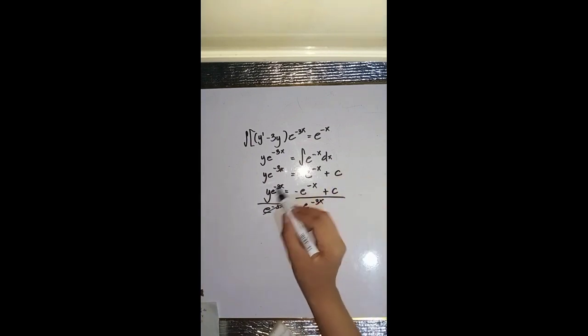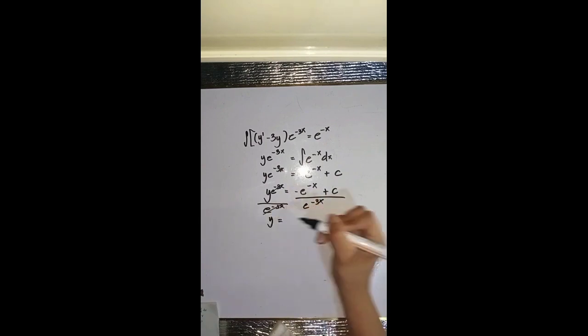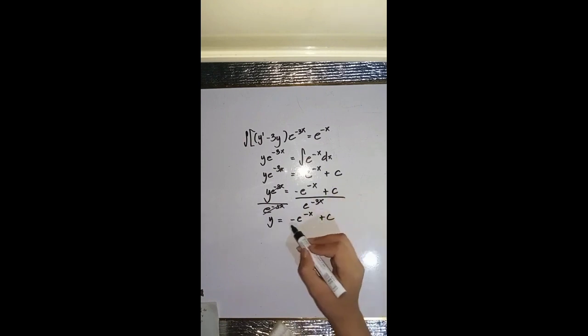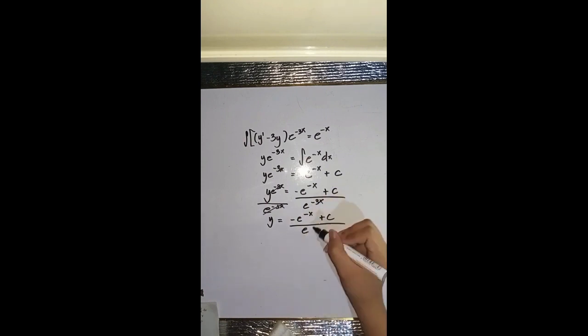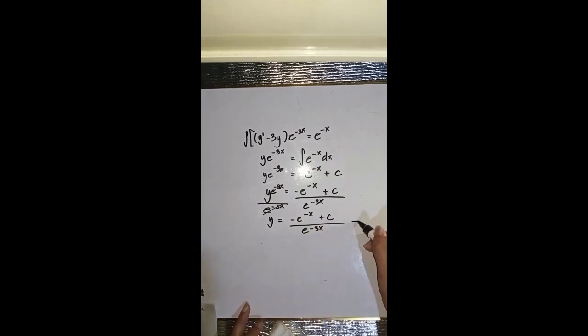Now we can cancel it out, so y equals negative e raised to negative x plus c over e raised to negative 3x. Now we can simplify this by raising the denominator and adding its exponents.